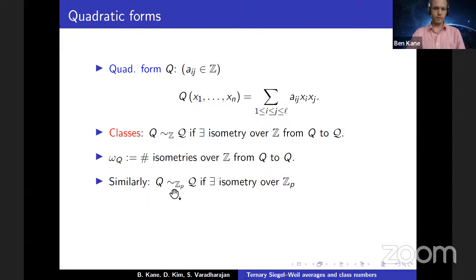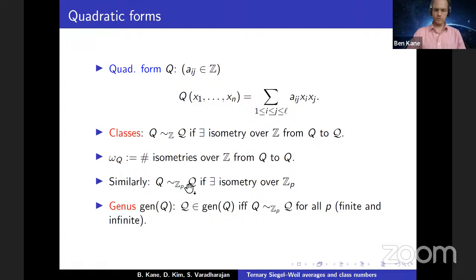Now, instead of invertible over Z, we can have invertible changes of variables over the p-adic integers. So we can think of them as p-adically the same. And this isn't necessarily equivalent, right? Sometimes modulo p squared, and so on, they can be the same, although they're not actually the same over the integers.